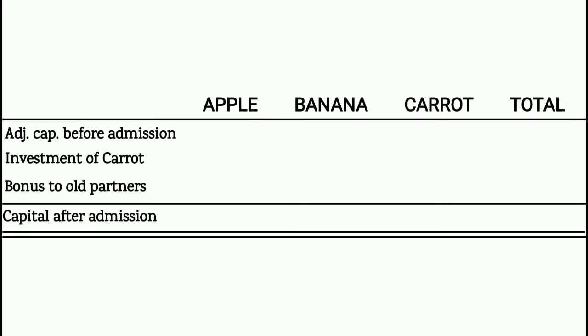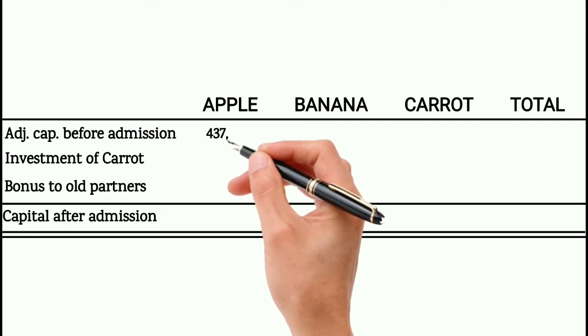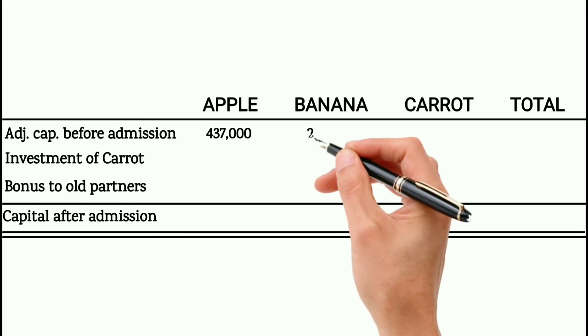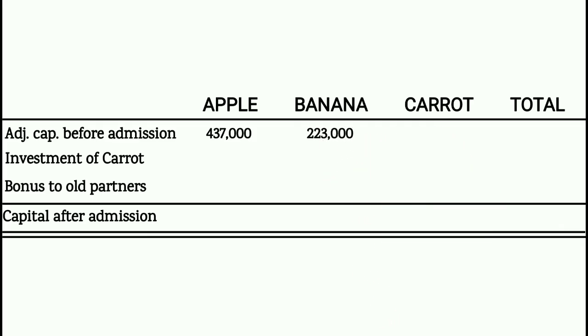I-compute naman natin yung capital balances ng partners after Carrot's admission. Ang adjusted capital before admission ni Apple ay 437,000 pesos. Ang adjusted capital before admission ni Banana ay 223,000 pesos.